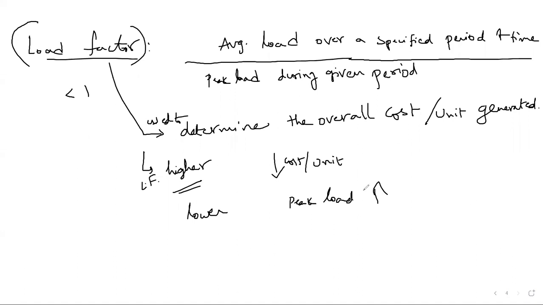A low load factor indicates that there is a high demand to be met, right? If that low value of the load factor is continuously present over a long time period, what are the issues we need to face? There will be a higher cost of generation, the cost will increase, right?